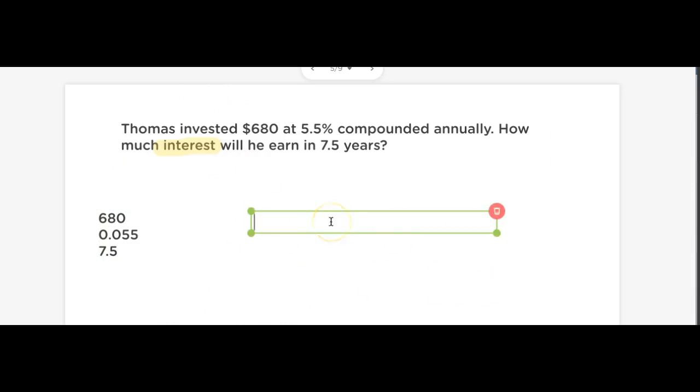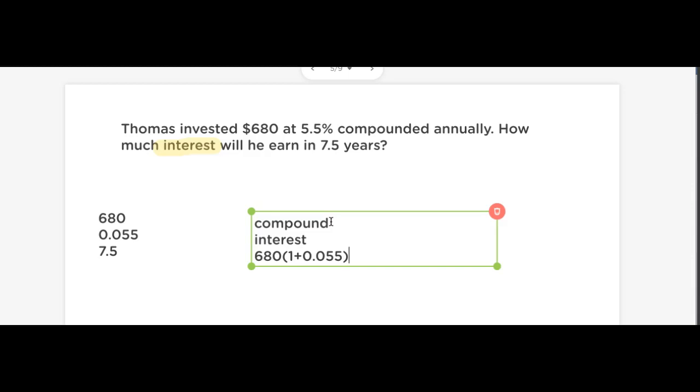Once again, I know that this is compound. I'm looking for interest. So what that'll look like is 680(1 plus 0.055), and we're going to raise that to the 7.5 power.